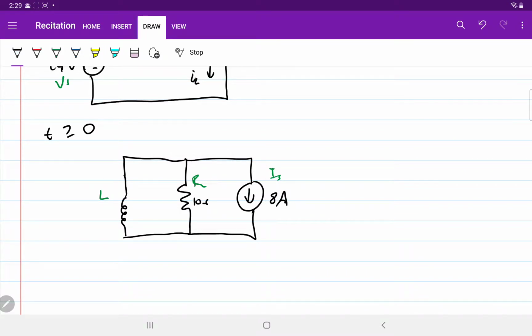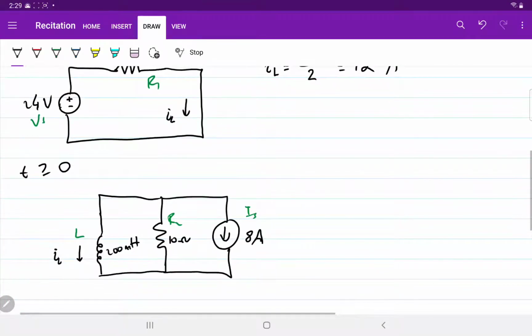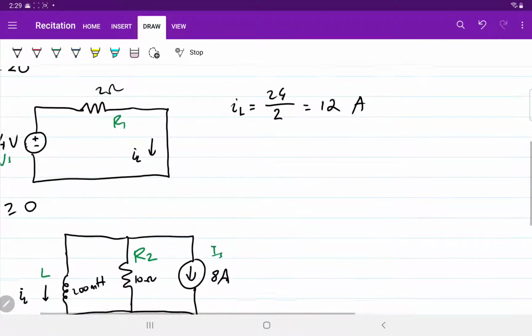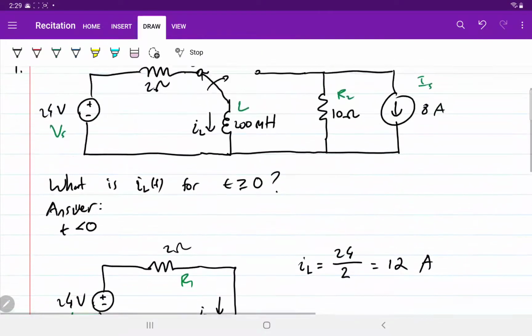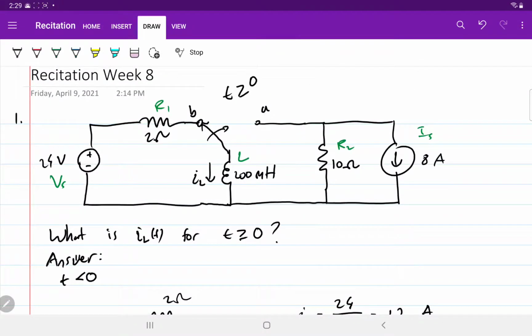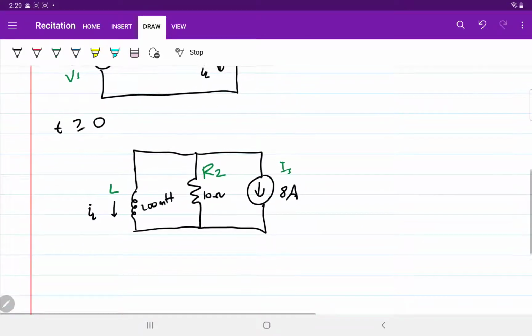This is 10 ohms, 200 millihenry. And we still have the IL, which is something that we need to find. Sorry, this is R2, and that's it. So this is when t is greater than or equal to 0 and the switch is at point A. So this is what we have.